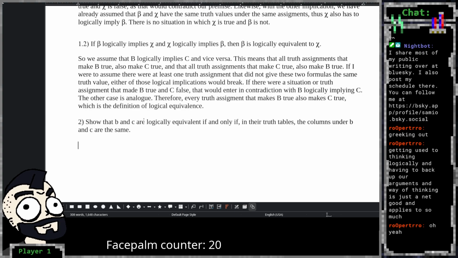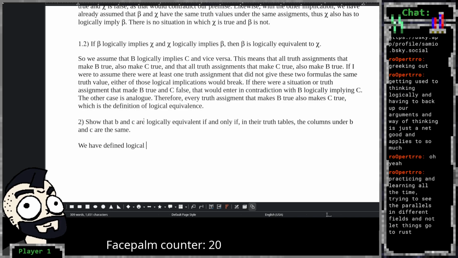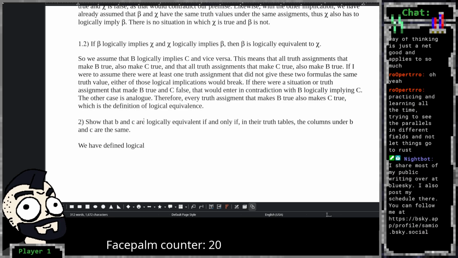Well, we have defined, yes, exactly, Rupert. Practicing and learning all the time and trying to see the parallels in different fields and all the things go to rust. As Bruce Lee also said, knowledge is static.